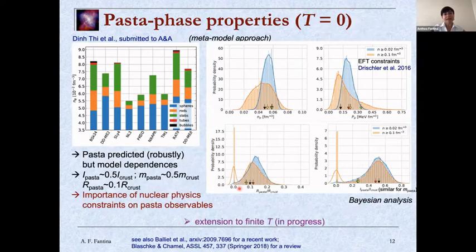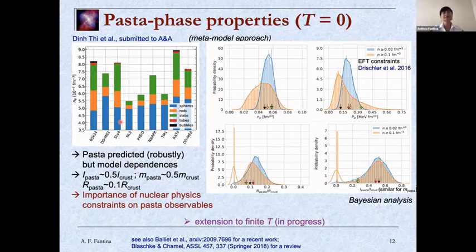On the left, you see the sequence of pasta calculated with different models, and the trend is the same. The sequence is the same: spheres, rods, slabs, tubes, and eventually bubbles, even if not all models predict bubbles. So apparently the pasta phase is robustly predicted.